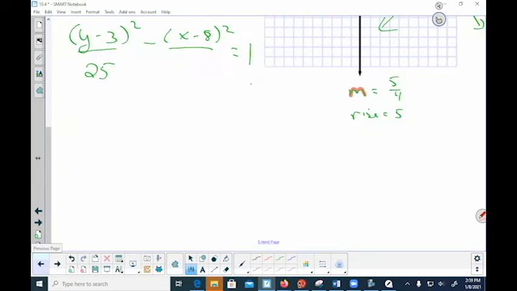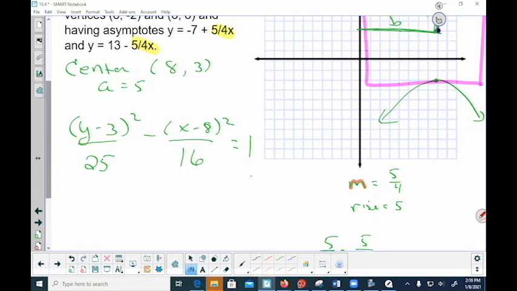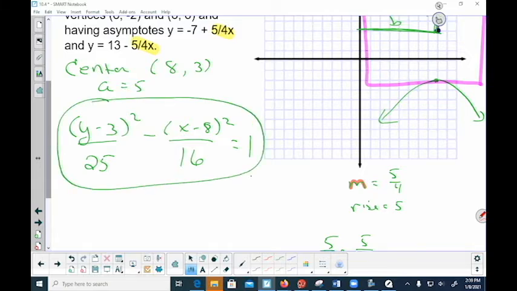So I'm going to say 5/4 is equal to 5 over my b, which tells me pretty easily that my b is 4. If I had to, I would cross multiply and solve. So my b is 4, which means I'm going to put a 16 here. And then it just wants the standard form of the equation. So there it is. I don't have to finish the graph. I don't have to find the foci.